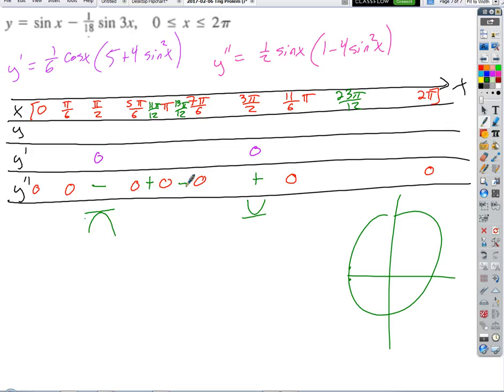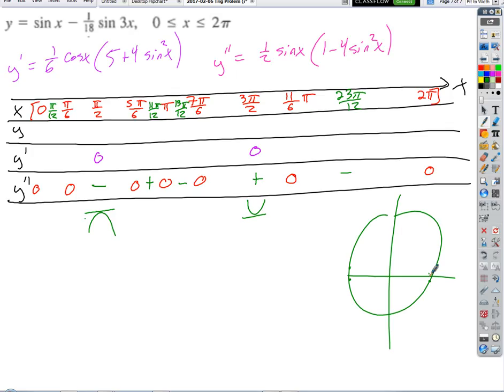And another one. You can probably see the pattern here. What are we going to get at 23/12? It's going to be down here, the same result as that guy. It's going to be minus. And if we go down here and do pi 12ths, it's going to be positive.